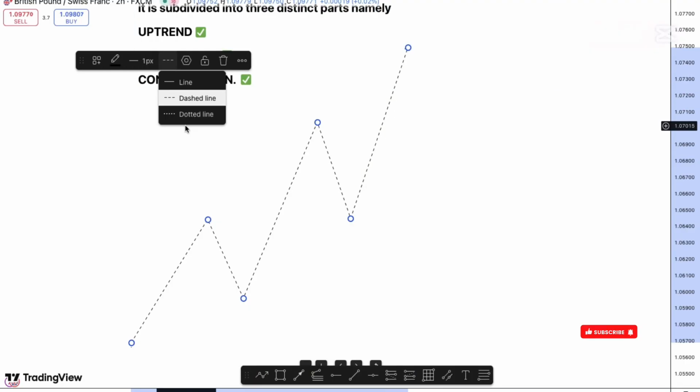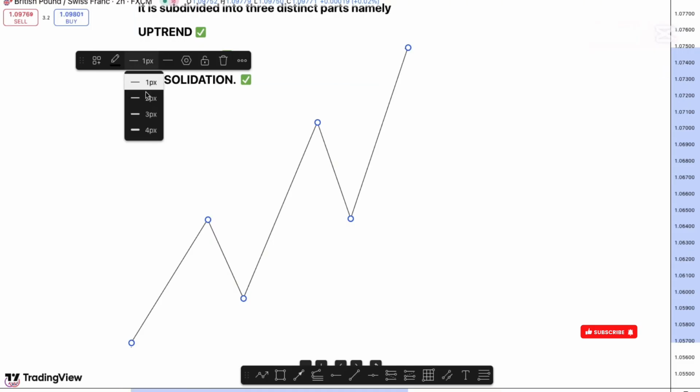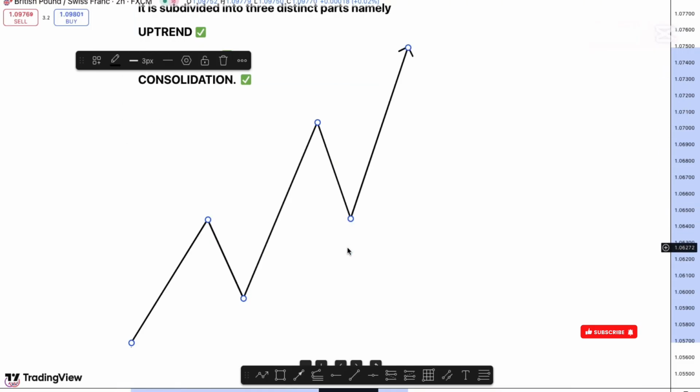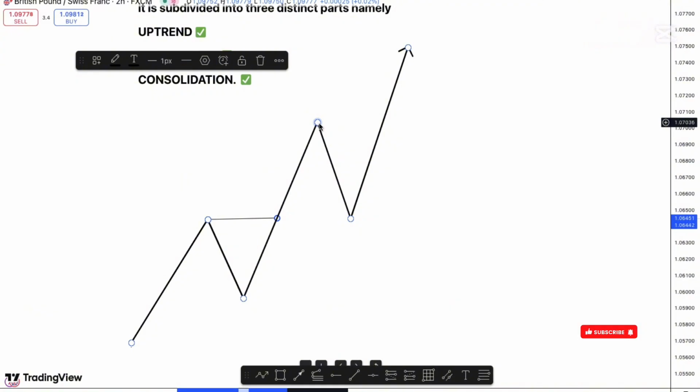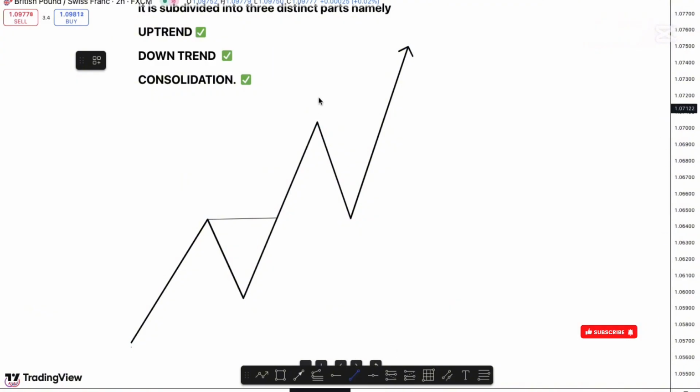Let me make it a little bit bolder so you can see properly. An uptrend is a market price that is forming a series of higher highs and higher lows, constantly breaking structure to the upside. That is how to notice an uptrend. It is constantly pushing itself to the top, making a series of higher highs and higher lows.